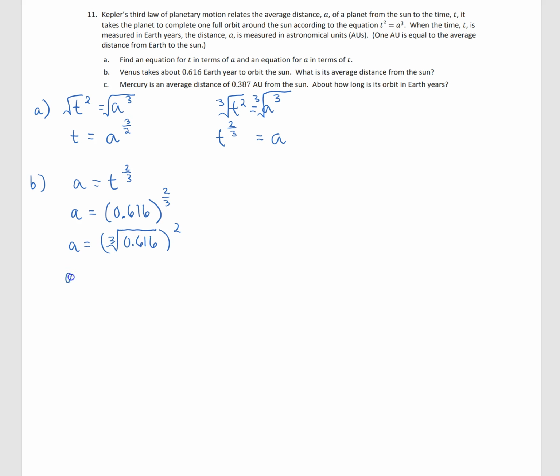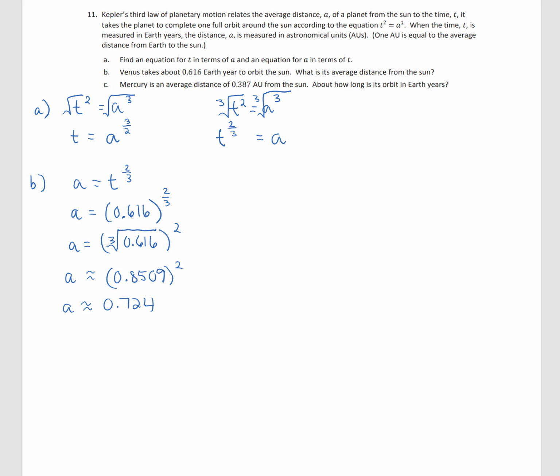And plugging this into your calculator, you get a long decimal, so I'm just going to round and say a is about equal to, doing this inside first, the cubed root of 0.616, 0.8509. And we have to square that. So when we square it, we get a is about equal to 0.724.